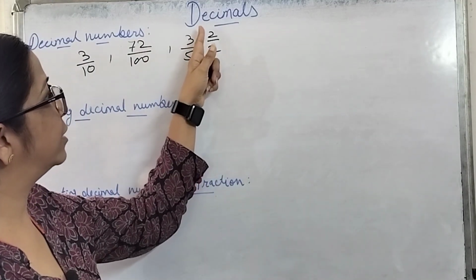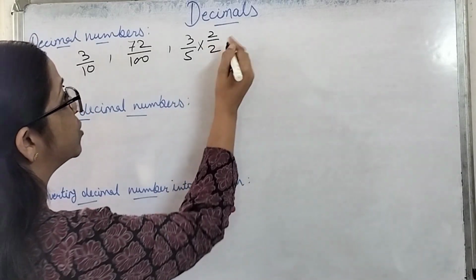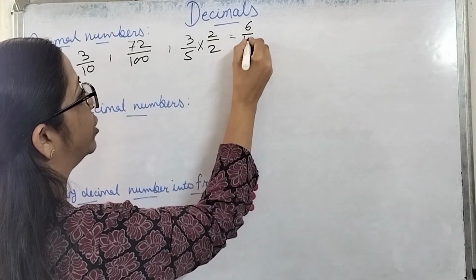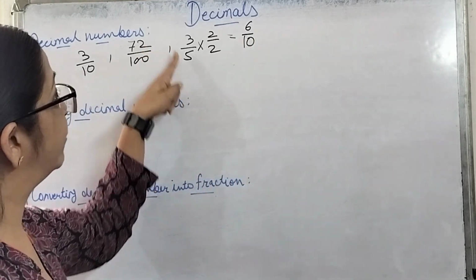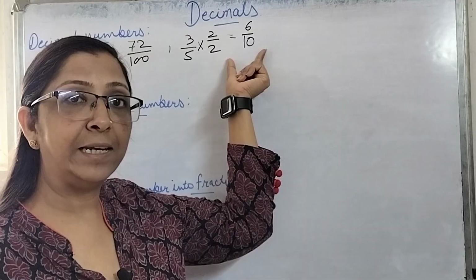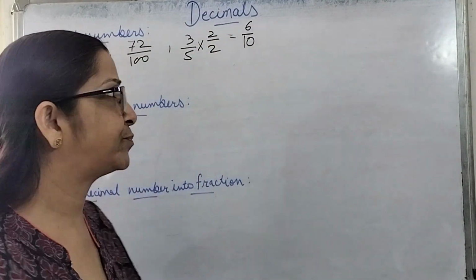So we have multiplied the numerator and denominator by the same number, that is 2. So 3 multiplied by 2 will be 6 and 5 multiplied by 2 will be 10. Now 3 upon 5 could even be written as 6 upon 10. Here the denominator is 10, so this is again an example of a decimal fraction.